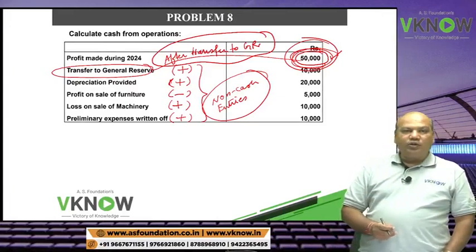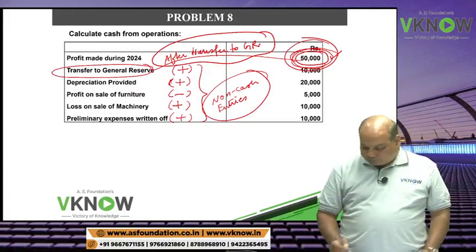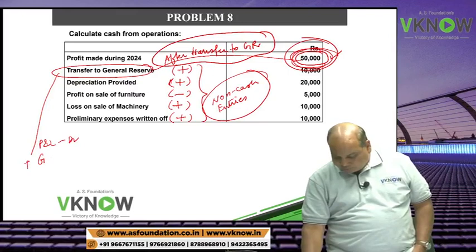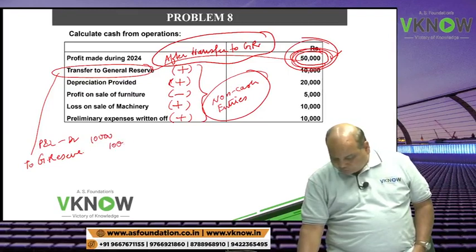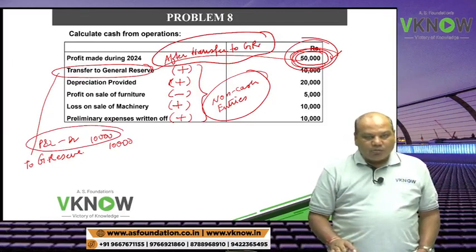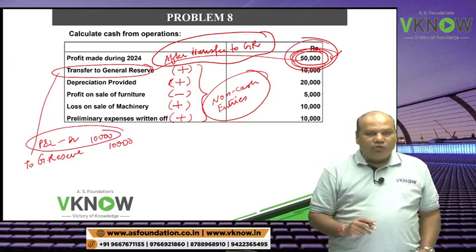Hence, general reserve will also be added back. The entry for this is P&L account debit to general reserve 10,000, which means your profit and loss got reduced by 10,000, but cash balance has not changed.